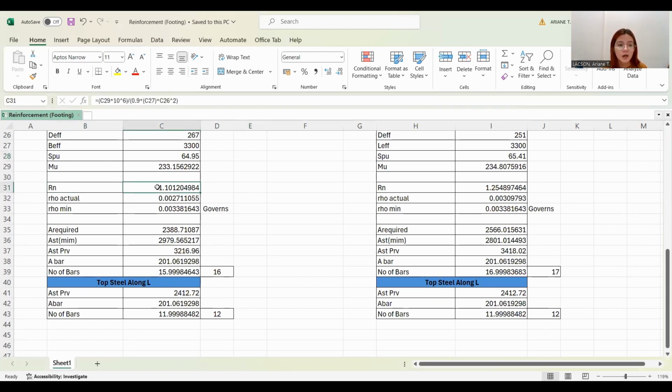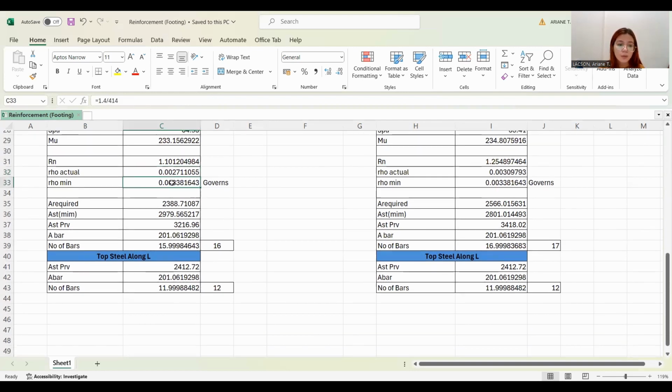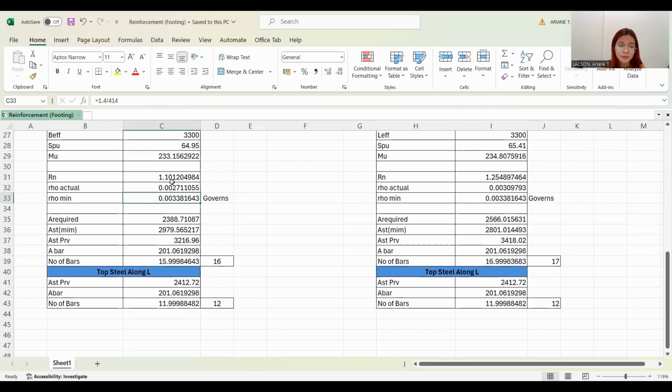We calculated the Rn using this formula, Mu over phi b d squared, and the rho actual, we also calculated this using 0.85 fc prime over fy times 1 minus square root of 1 minus 2Rn over 0.85 fc prime. So the rho min is 1.4 over fy. So the governing here is the rho min since it yields a higher value.